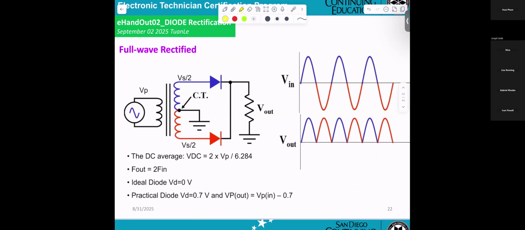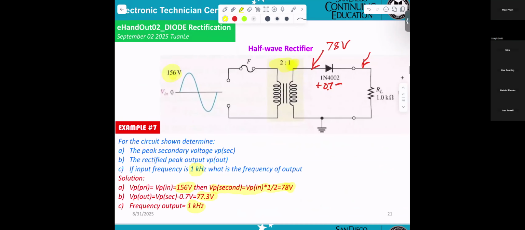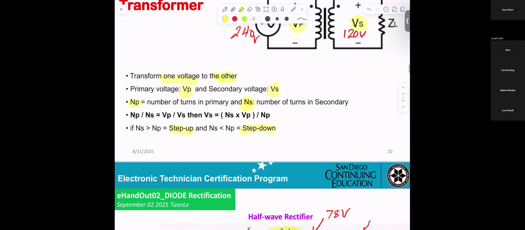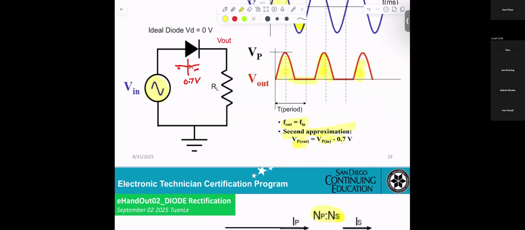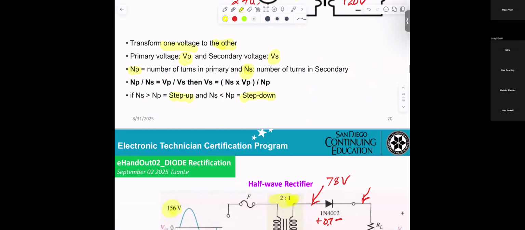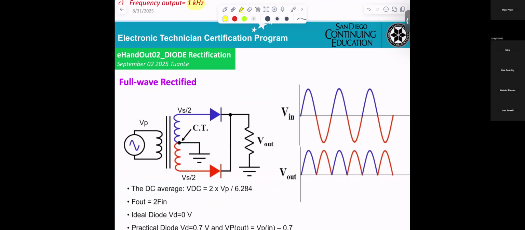And now full-wave rectified. You can see the circuitry. That one is half-wave, only positive. Now they want both. That's why they want the input here. Positive, you get positive.